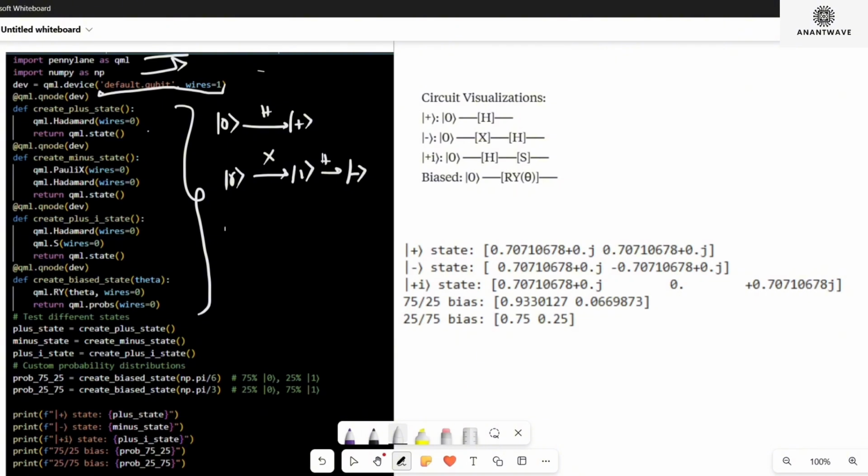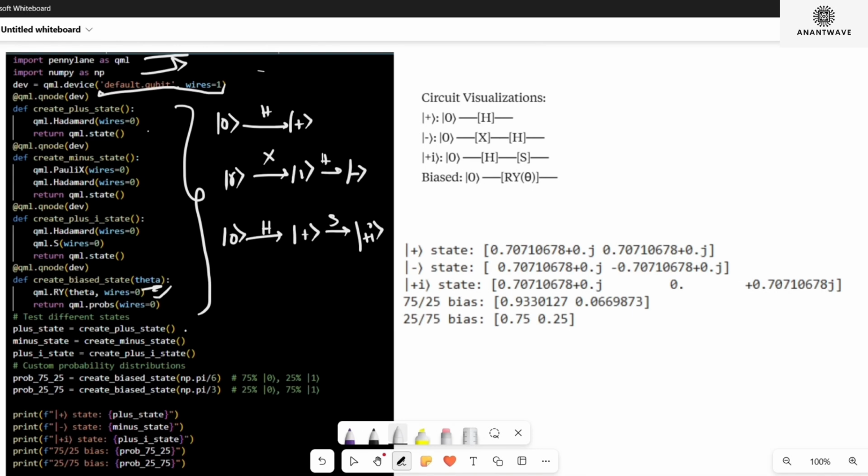Then we create the plus i state. We know that the plus i state can be created by applying the Hadamard gate and then the S gate. After applying the Hadamard gate, 0 will become ket plus, and then applying the S gate, it will become plus i. Then we are creating biased states, which take an input theta and apply Ry with that theta value.